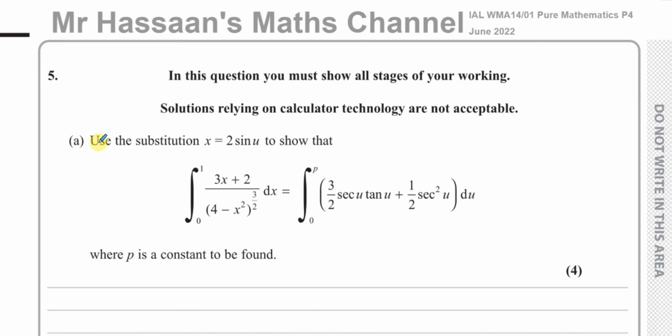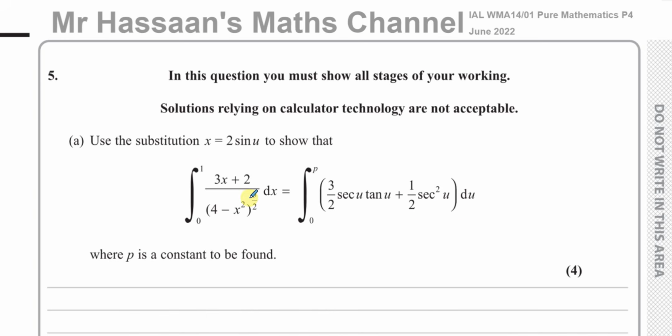So first of all, it's asking us to use the substitution x equals 2 sine u to show that the integral between the limits of 0 and 1 of (3x plus 2) all divided by (4 minus x squared) to the power of 3 over 2 with respect to x can be written equal to the integral between the limits 0 and p, which we have to find, of 3 over 2 secant u tan u plus a half secant squared u with respect to u.